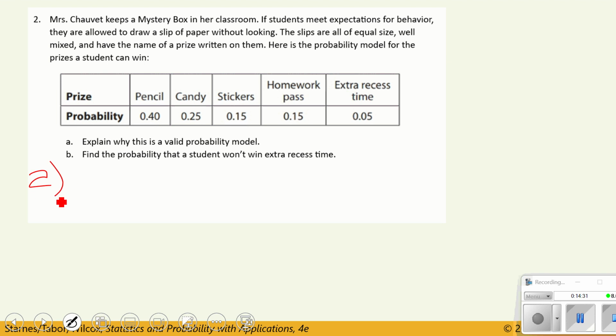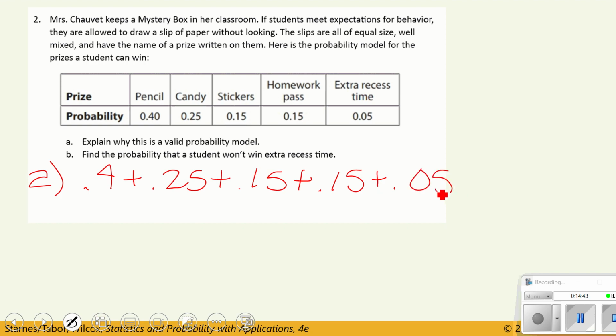So grab your calculator, 0.4 plus 0.25 plus 0.15 plus 0.15 plus 0.05. What do those all add up to? And I think if we do it correctly, they should add up to 1. So that is why we have a valid probability model. So we need to say that all probabilities are between 0 and 1, and then they add up to 1.